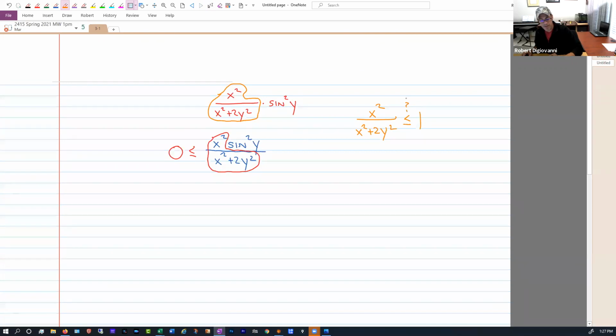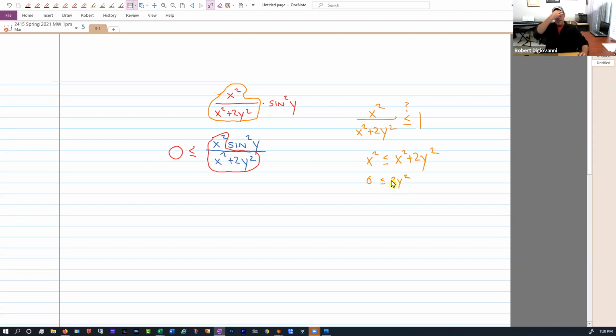The answer is yes, because I could multiply both sides by x squared plus 2y squared. And this is true, right? Just subtract x squared on both sides, you get 0 is less than or equal to 2y squared. That's always true. Pick any y you want. If I square it and multiply by 2, it's got to be positive. Worst case scenario, it's 0, but the inequality would be true then.